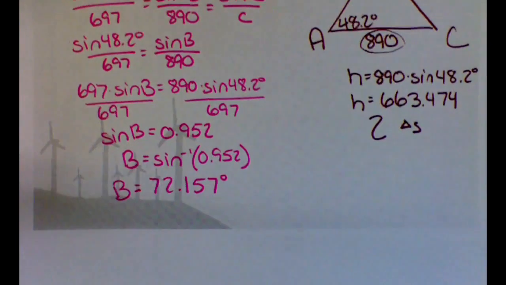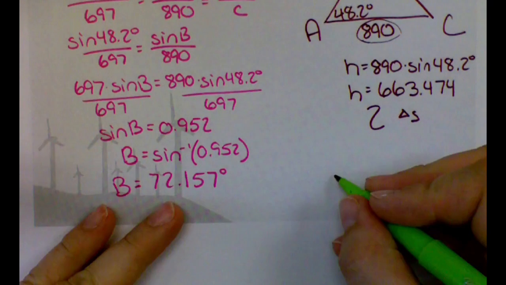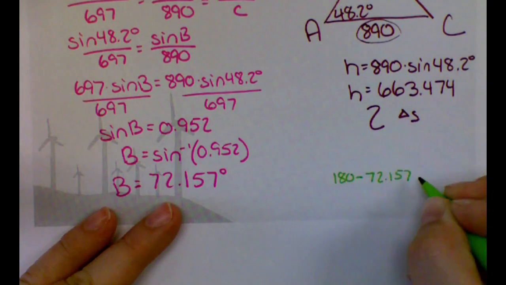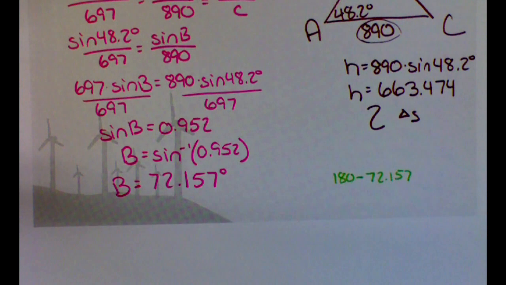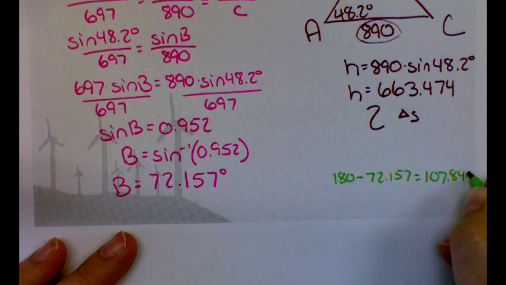Now at this point in time, if I hadn't done all this work with h, I could find out if there's 2 triangles. I would just say, okay, 180 minus that is 107.843.